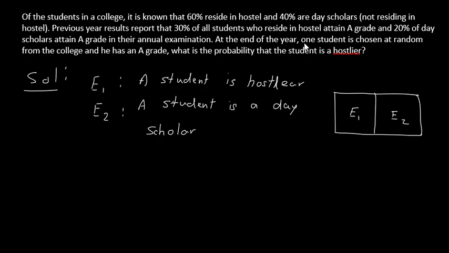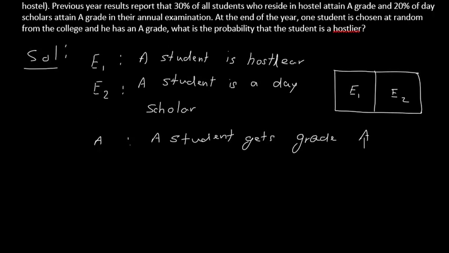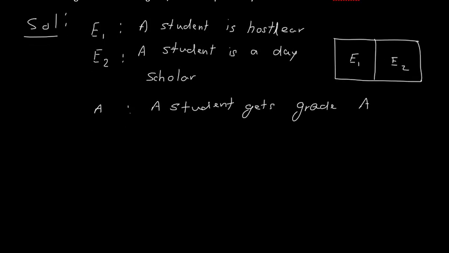And I will define A as a student gets grade A. Okay, so now the possibility of E1 is given. What is given?